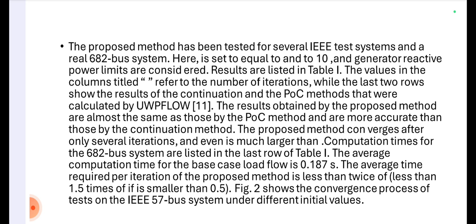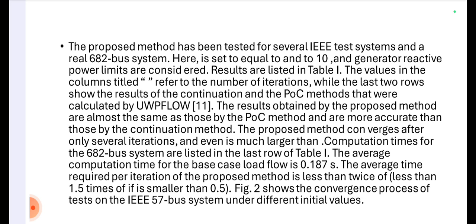The values in the columns refer to the number of iterations, while the last two rows show the results of the continuation and the POC methods that were calculated by UWPFLOW. The results obtained by the proposed method are almost the same as those by the POC method and are more accurate than those by the continuation method.